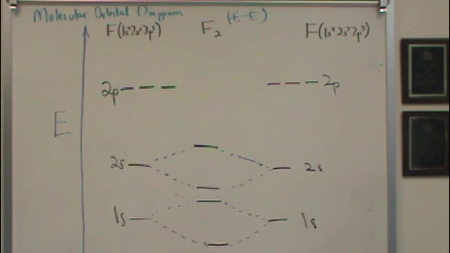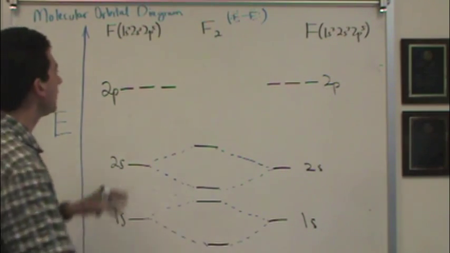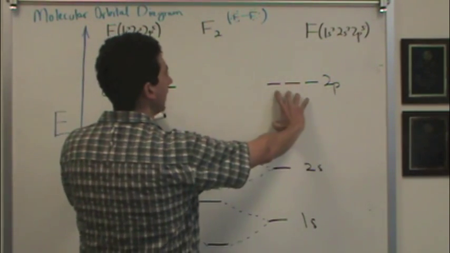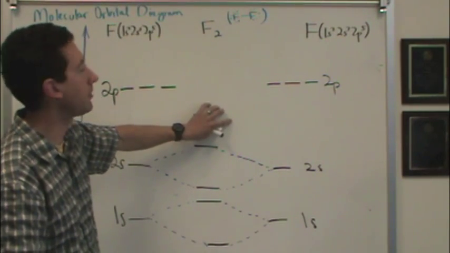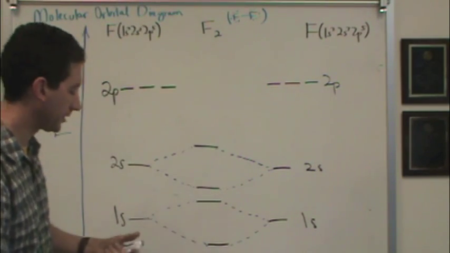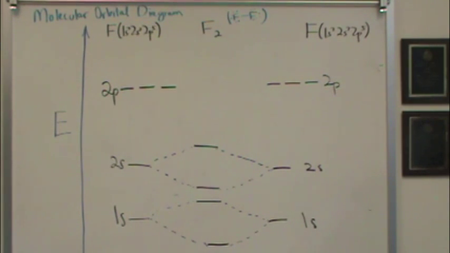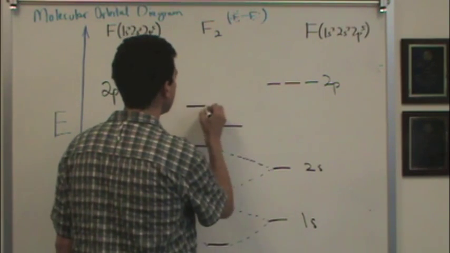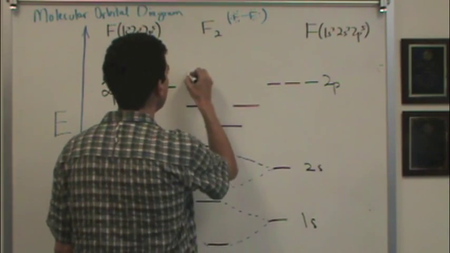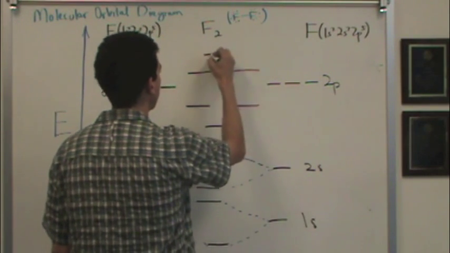Finally, for the 2p set of orbitals, again you're going to have bonding and anti-bonding, for a total of 6. That means there's going to be 3 low energy ones and 3 high energy ones. In lecture I'm going to spend more detail explaining where these come from. But for now, since we're just learning the basics here, I'm going to draw what it would look like.